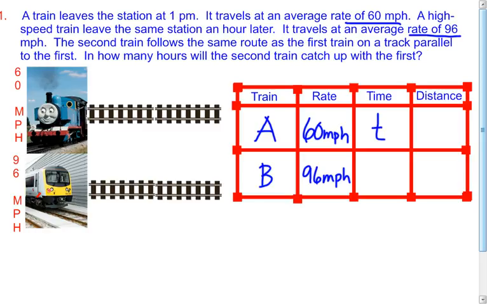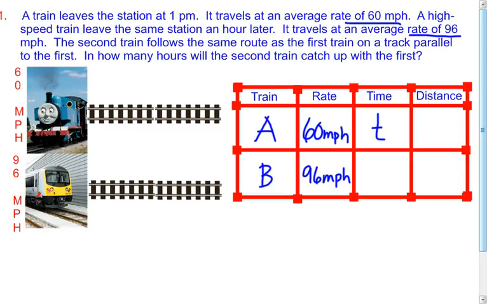Okay? Now, train B, a lot of people think, well, you don't know how long that train traveled either, so let's call it T. The problem is A and B did not travel for the same amount of time. Okay, I'll say that again. A and B did not travel for the same amount of time, so you can't just put T for train B's time.